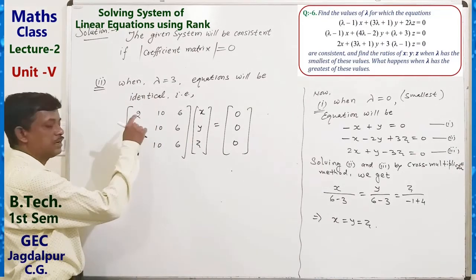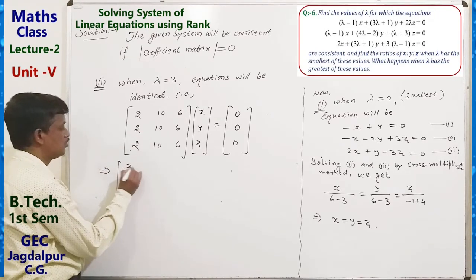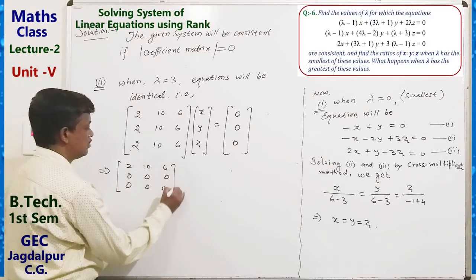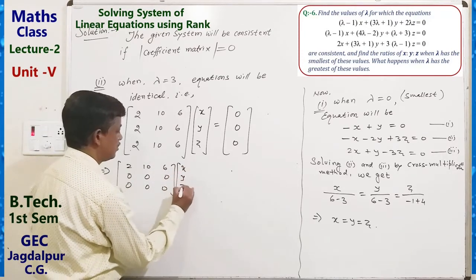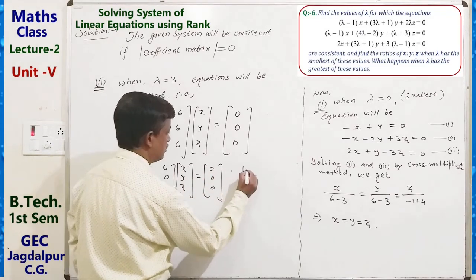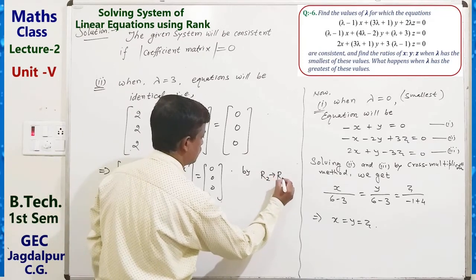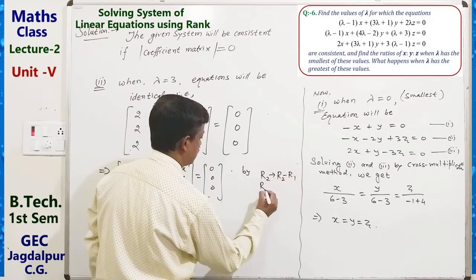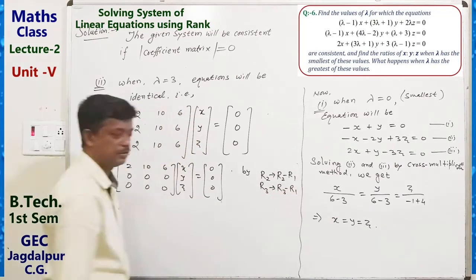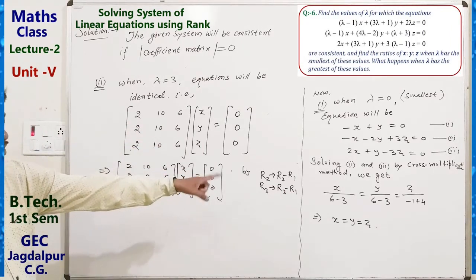Just subtract this from this, which gives the matrix with rows 2, 10, 6, 0, 0, 0, 0, 0, 0 times x, y, z equals 0, 0, 0, by R2 minus R1, R3 minus R1. R2 and R3 are subtracted by R1.